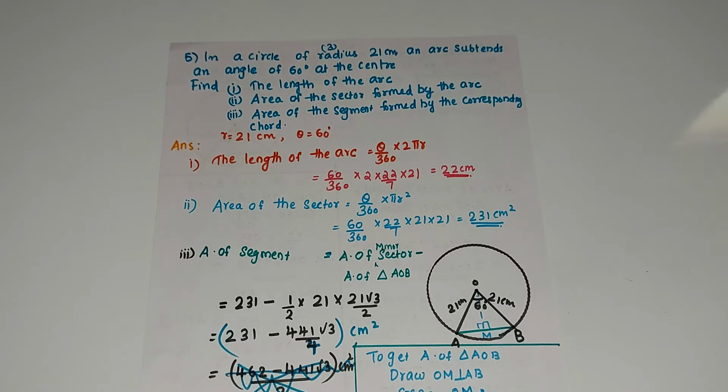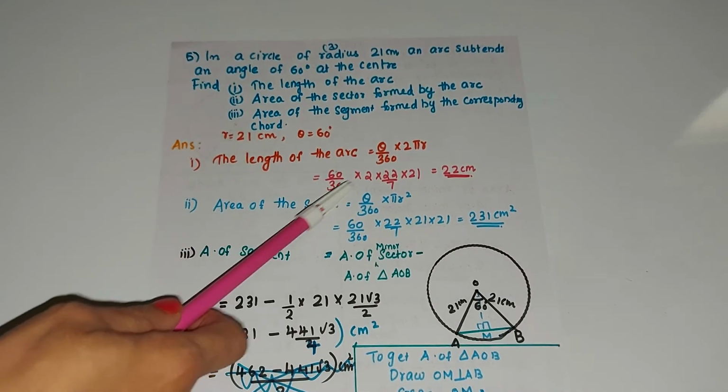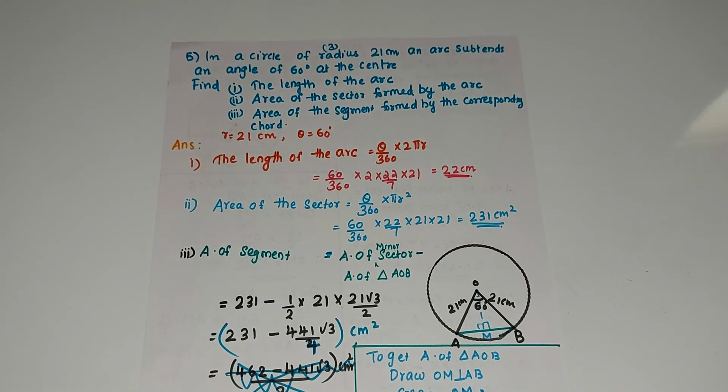The difference is pi r square and 2 pi r. Here r is given as 21 centimeter and theta is given as 60 degrees. So 60 by 360 into 2 into 22 by 7 into 21, we got it as 22 centimeter. So the length of the arc is 22 centimeter.